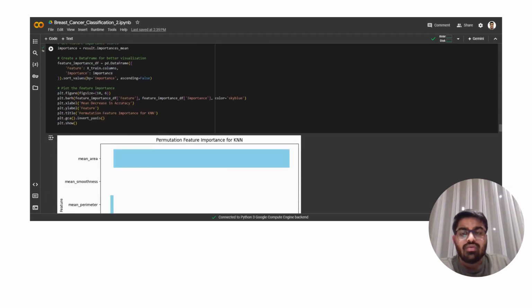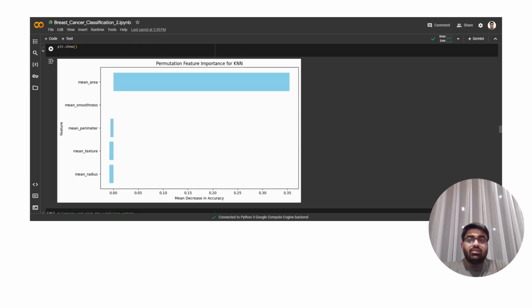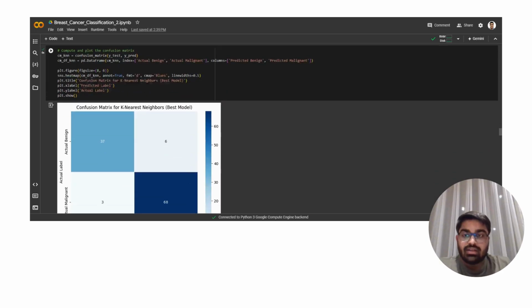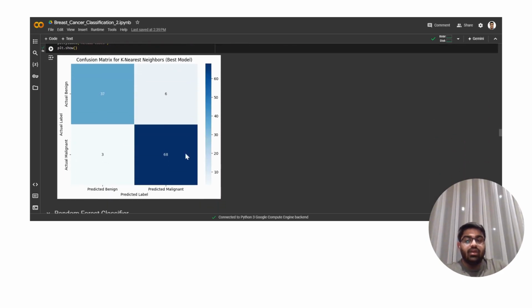Moving on, we calculated the permutation feature importance. Now here, this particular model put emphasis on mean area compared to mean perimeter, mean texture, and mean radius. And next, we built the k nearest neighbors confusion matrix.